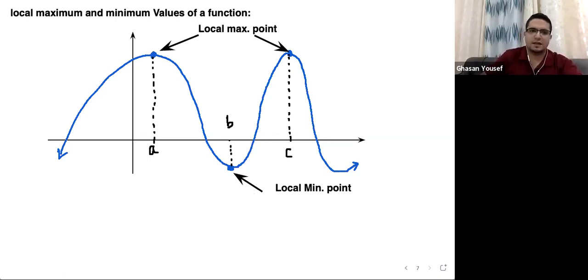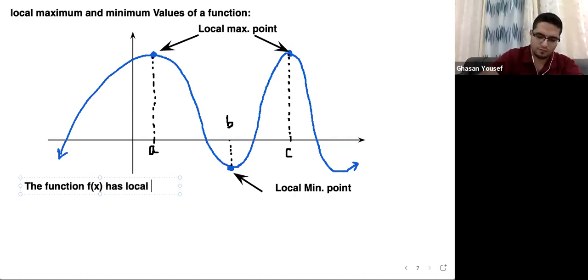So I can say here the function, I'm going to name it f of x, has local maximum points at x equal a and at x equal c.